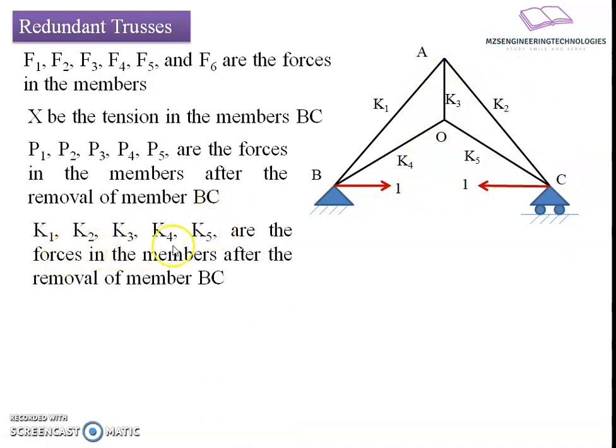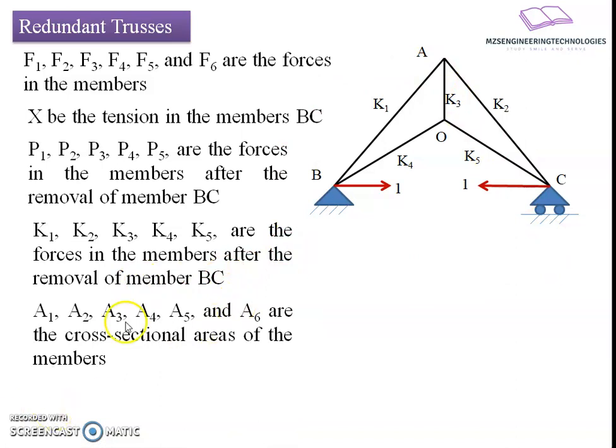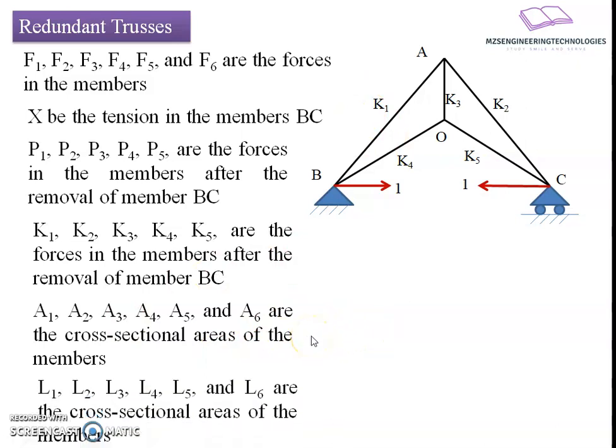Similarly, K1, K2, K3, K4, K5 are the coefficients of distribution of this redundant force among the other members. Let's say cross-sectional areas of the members are A1, A2, A3, A4, A5 and A6 respectively, and similarly L1, L2, L3, L4, L5, L6 are the lengths of the members respectively. E is the modulus of elasticity.